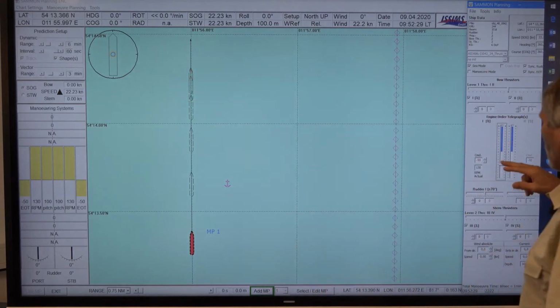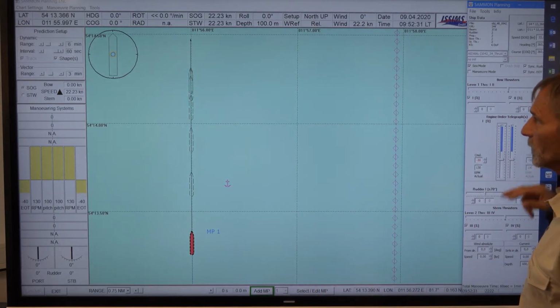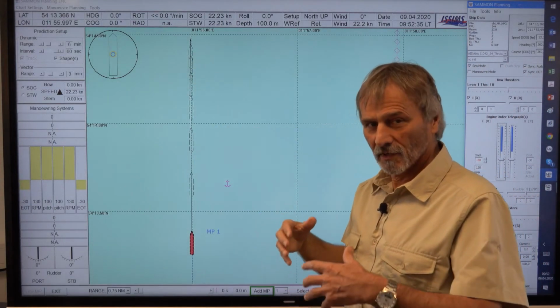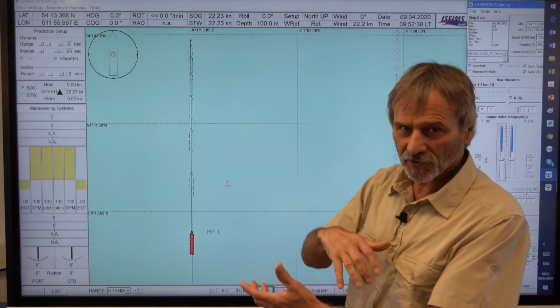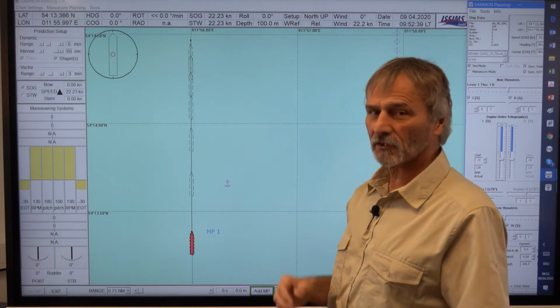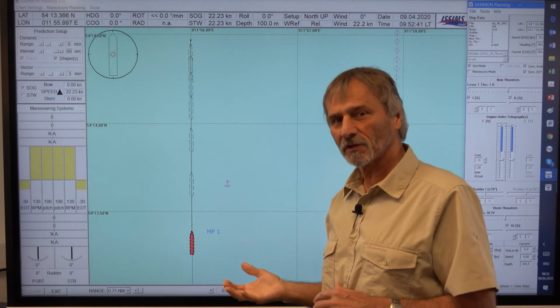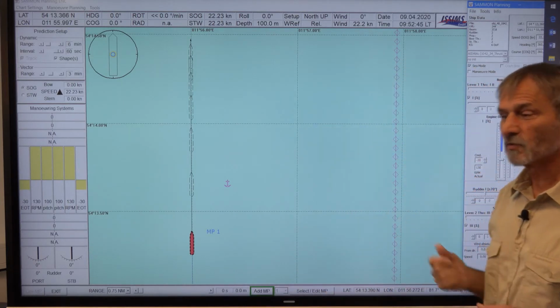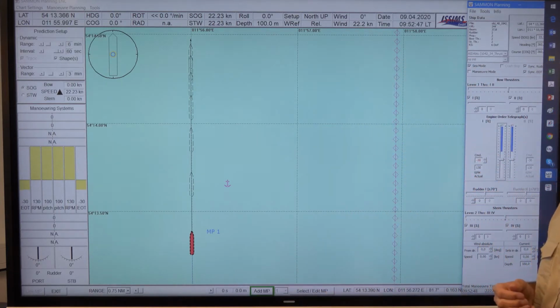And even if you go back to 30% astern, then we see for full ahead to 30% astern, the speed vector has the same length as our stopping distance. So you have a sort of reference which you can use if you steer your vessel.